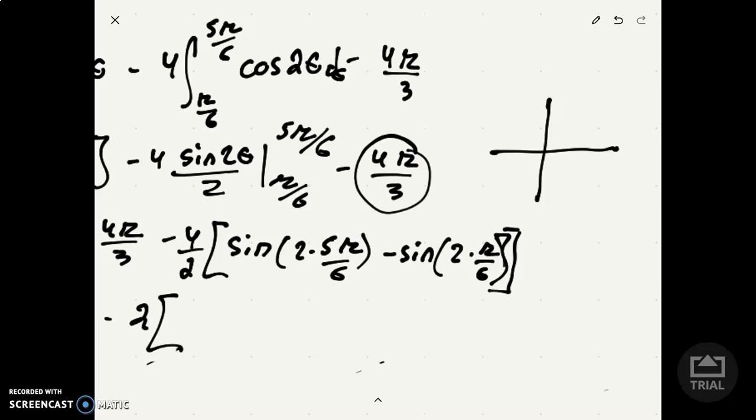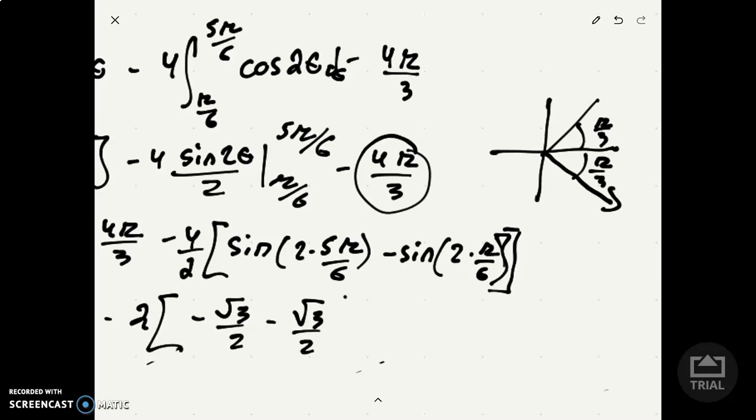Sine of 10 pi over 6 is the same as sine of 5 pi over 3, which is right here, and that is the same as pi over 3, but negative. So it is going to be negative root 3 over 2. And this next one is just going to be sine of pi over 3, basically, so root 3 over 2.